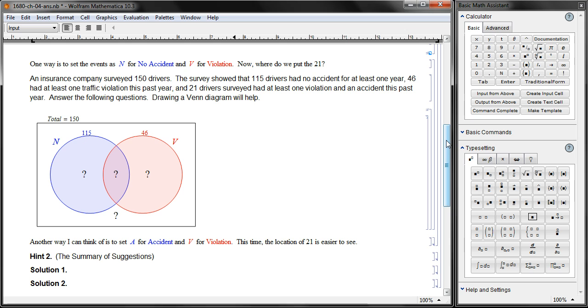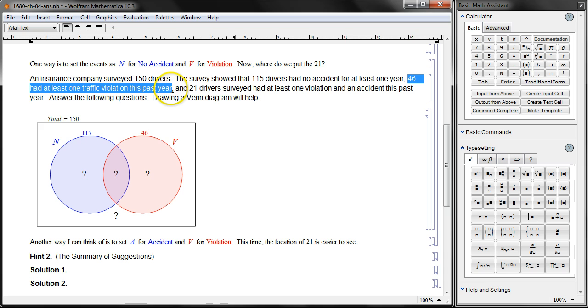N for no accident, V for violation. See, 115 drivers had no accident. 46 had at least one traffic violation.